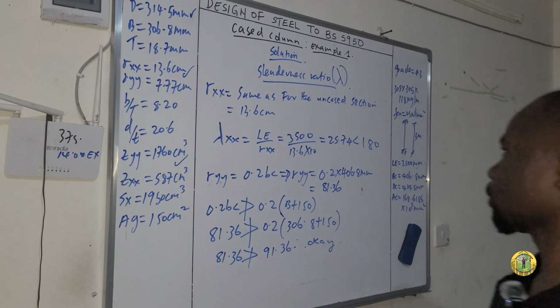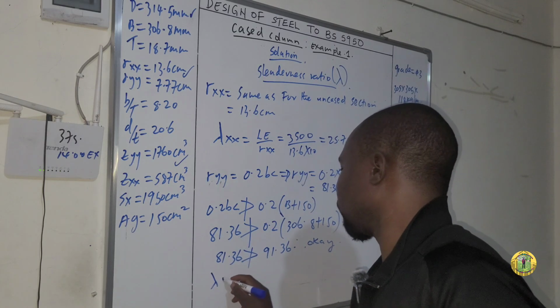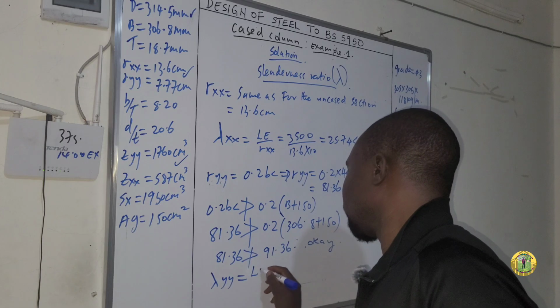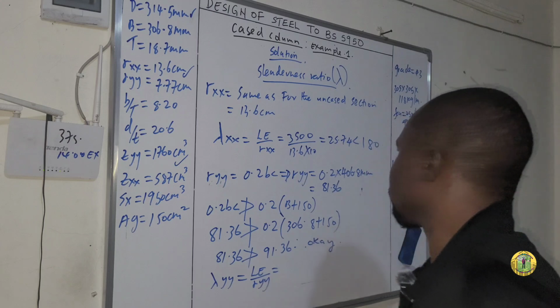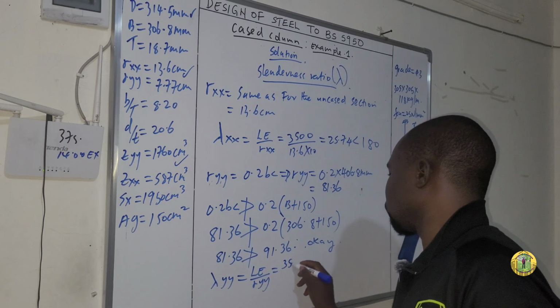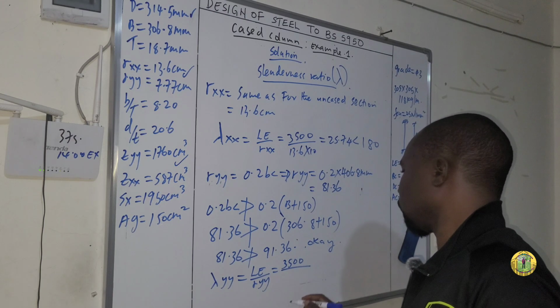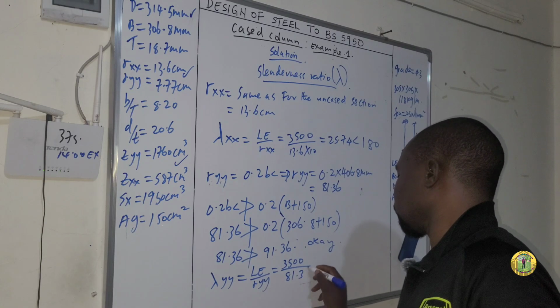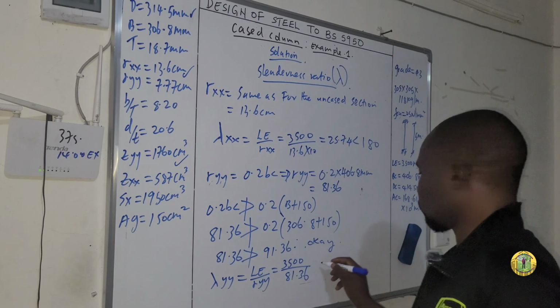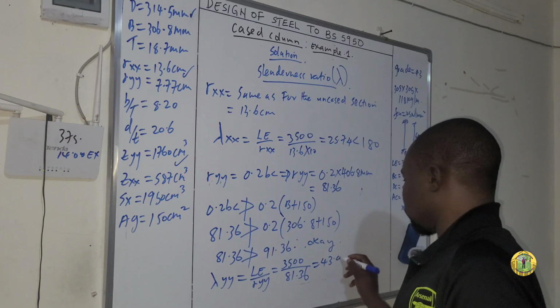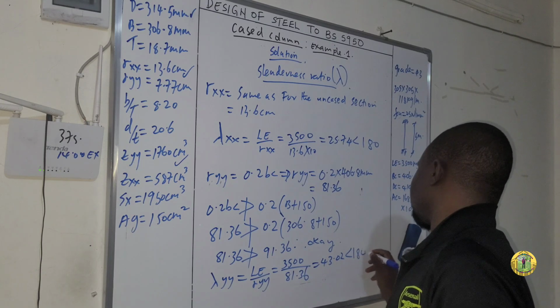So the slenderness ratio for Y about the Y axis will be LE all over RYY. So this is equal to 3500 all over RYY, which is 81.36. This will give us 43.02, which is less than 180.